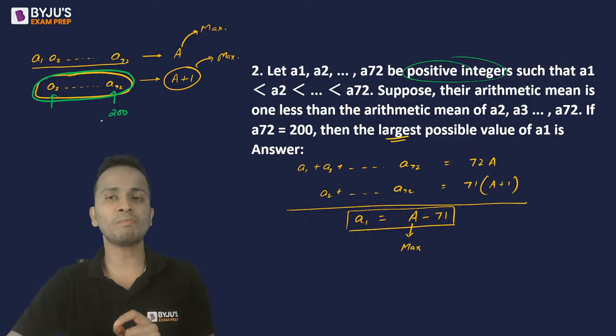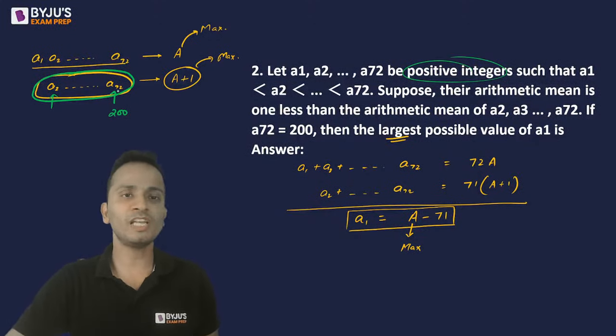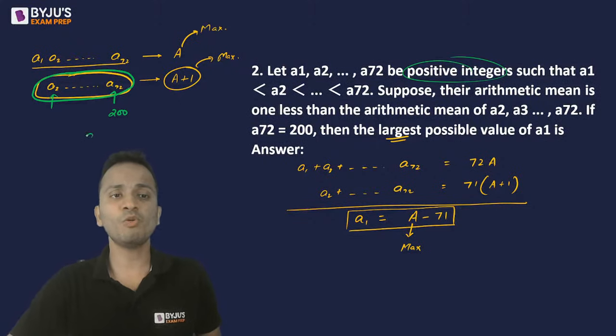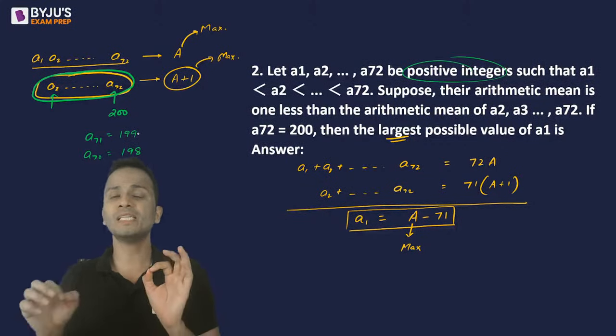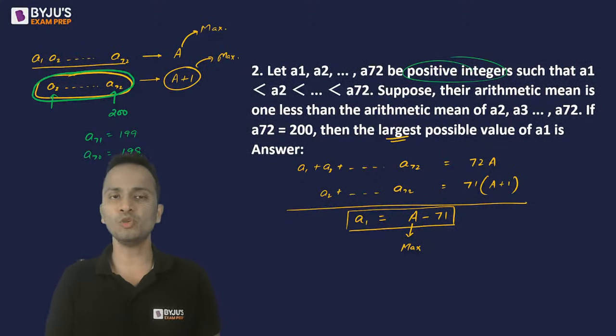Since all of them are positive integers and they are in increasing order, the maximum value of A72 is given as 200. So the maximum value of A71 will be equal to 199, right? Then the maximum value of A70 will be equal to 198, and so on. They will be consecutive positive integers in decreasing order starting from 200.